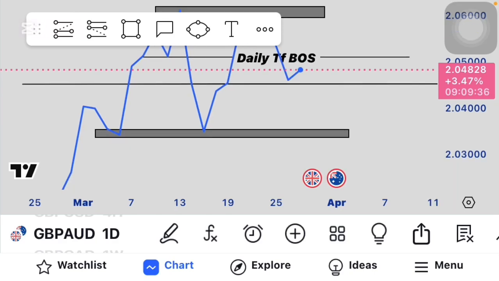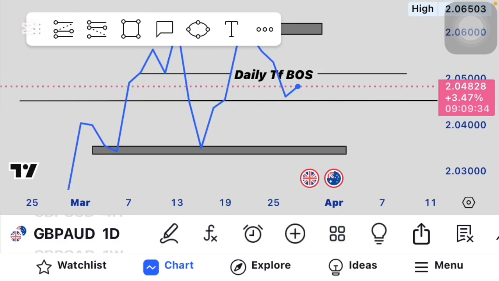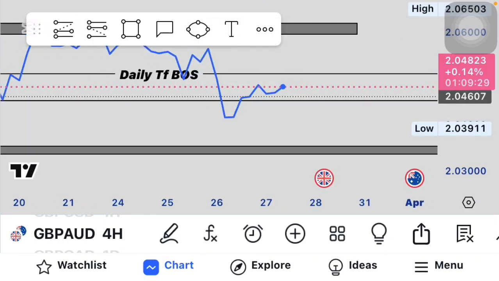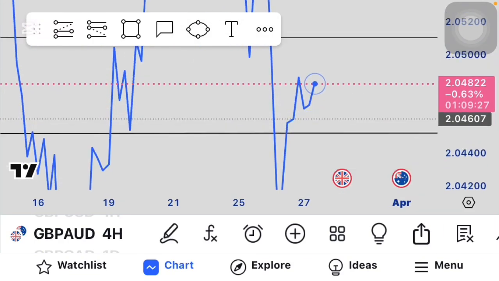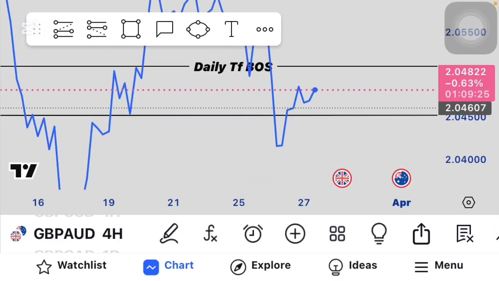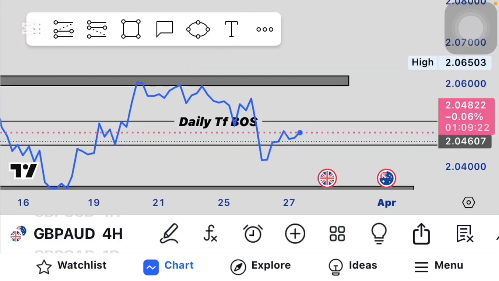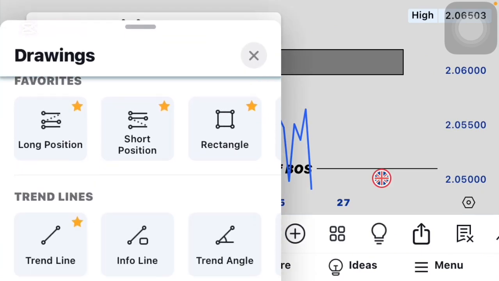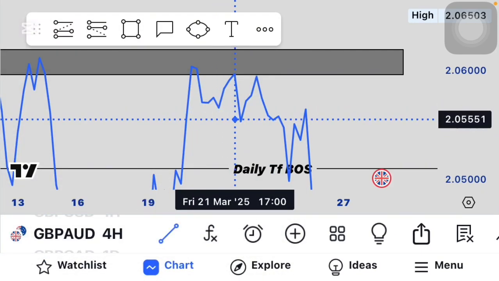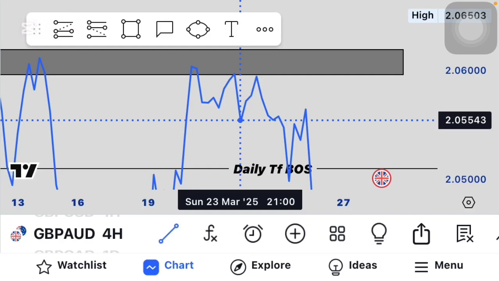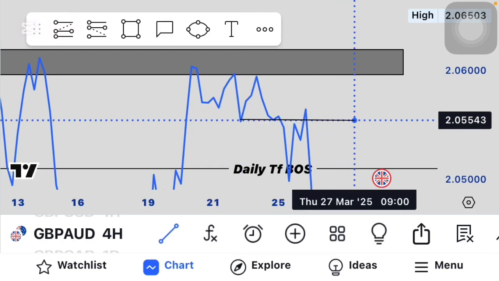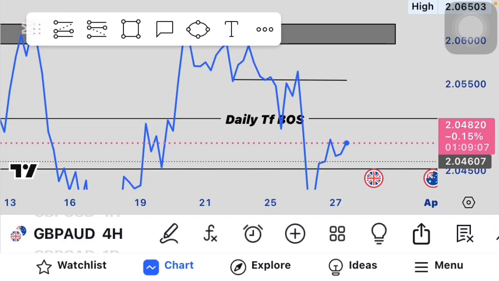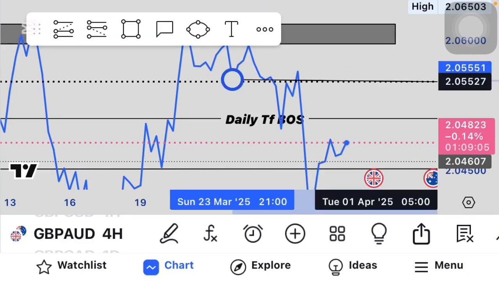So let's go to the 4-hour. Now we are bearish on here also. So let's go to the 4-hour and see what we have, then we'll know what to go for. On the 4-hour, we are bearish. So on the 4-hour, we are bearish, and you can see this is a break. This is what makes it. So this is where we had the change of structure, or the break of structure on the 4-hour time frame, which makes us bearish here.